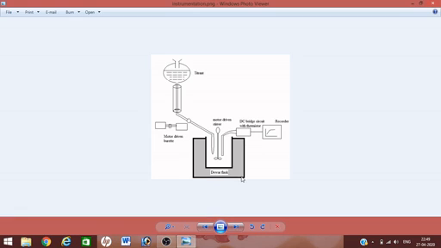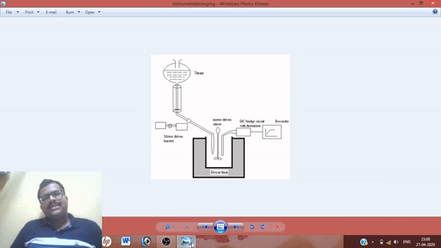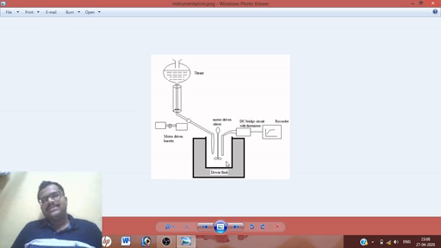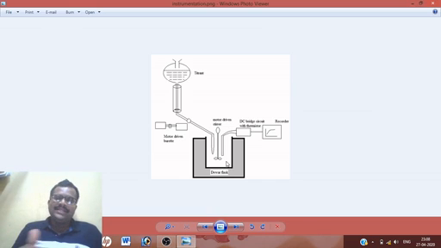It contains different apparatus: motor driven burette, Dewar flask, motor driven stirrer, DC bridge circuit with thermistor, and recorder. The main part in this diagram is the Dewar flask, which maintains the system in adiabatic condition. Here we want to study the change in temperature, hence maintenance of adiabatic condition is necessary.